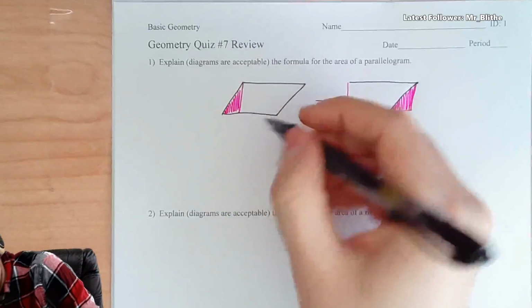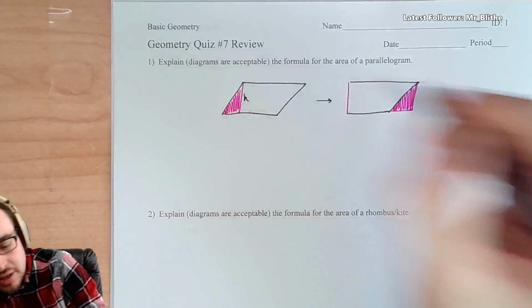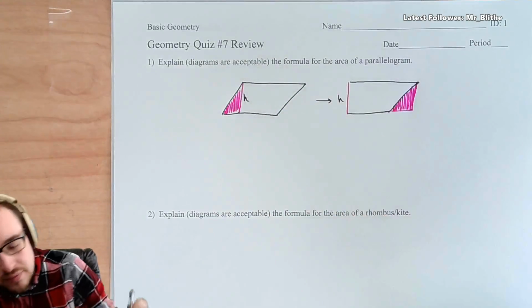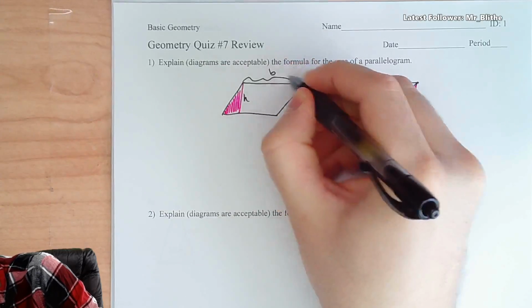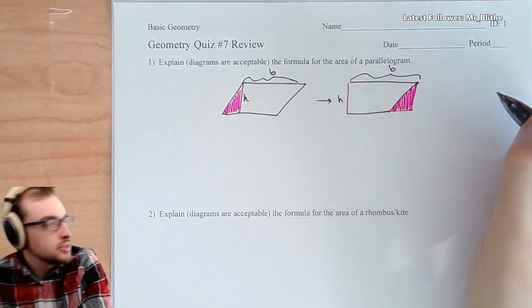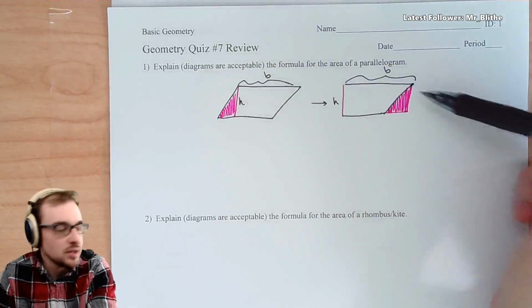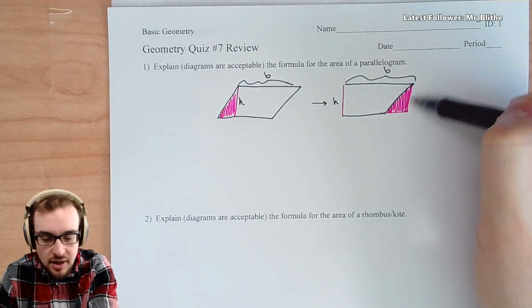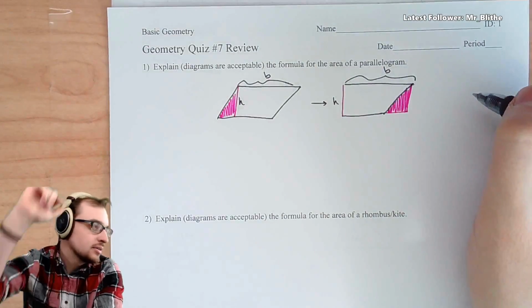So we have our height, which is this amount right here, and then our base is this, which is unchanged by adding on that triangle on the side. The base doesn't change. It's still the same length before and after. That triangle doesn't add on anything here. And so we have base times height.